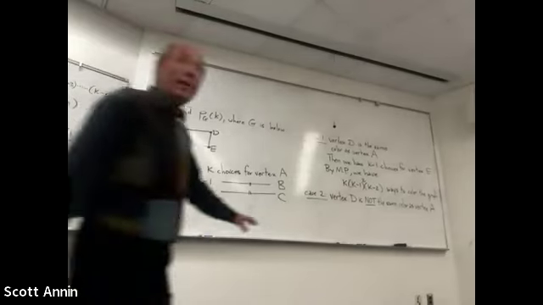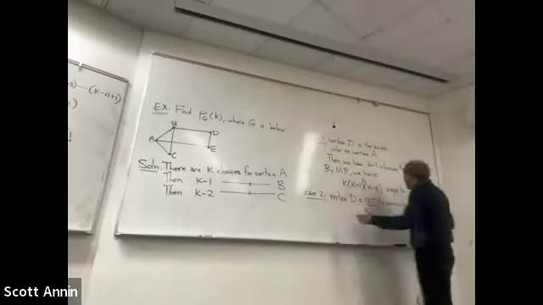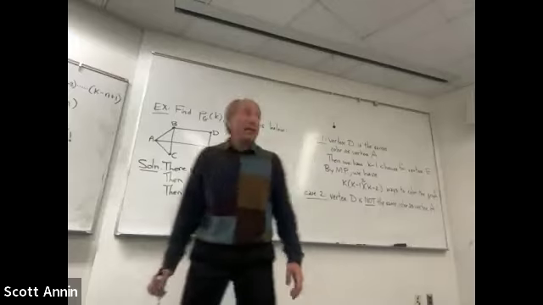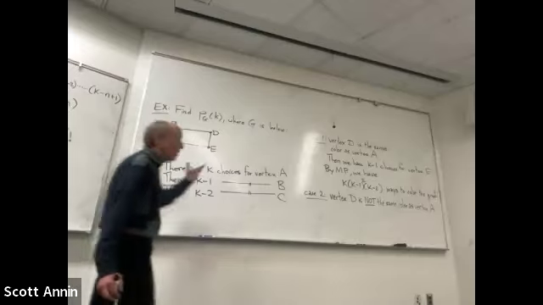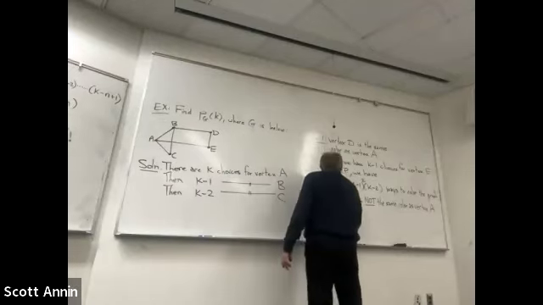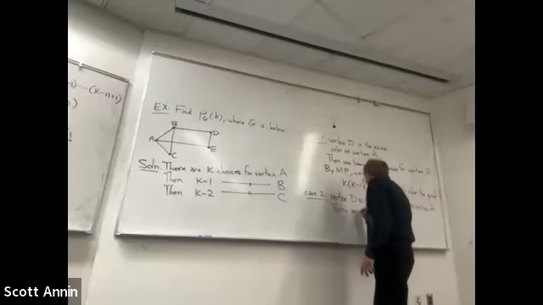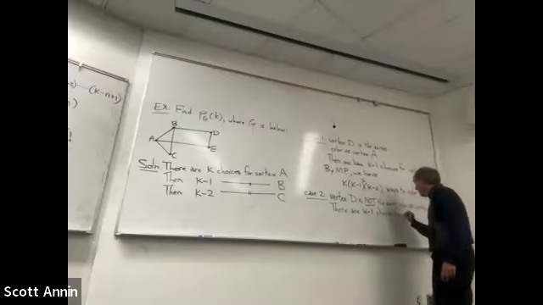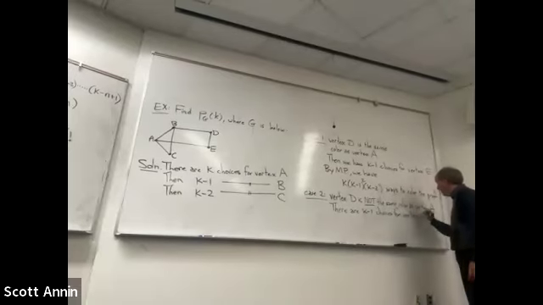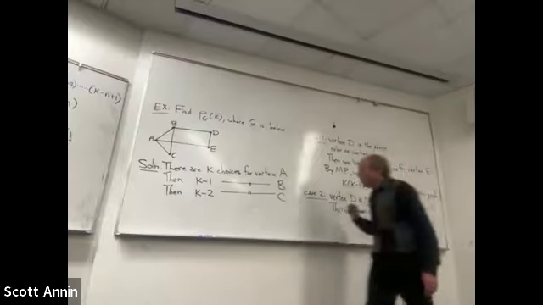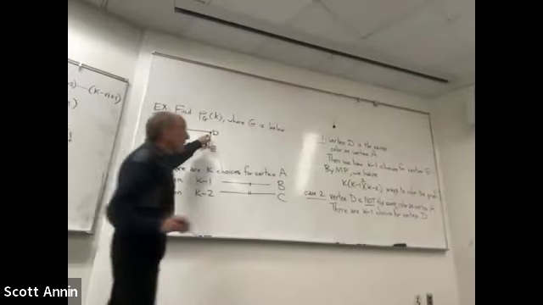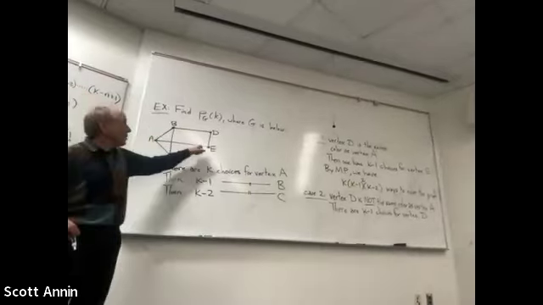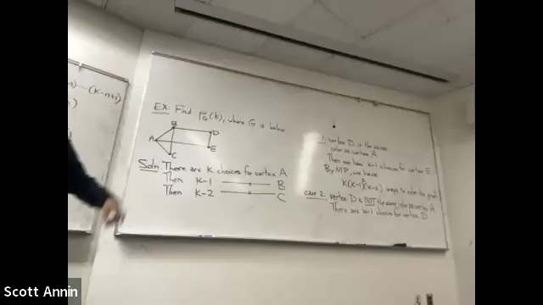If it's not the same color as vertex A, how many choices would you have for that vertex? K minus 1. It just has to be different than vertex A. So there are K minus 1 choices for vertex D. And we have explicitly said that it's not going to be the same color as vertex A, which means how many choices are left for... yes, question.